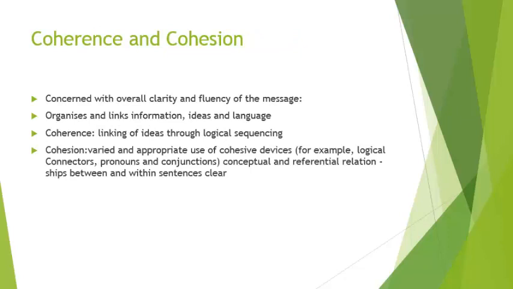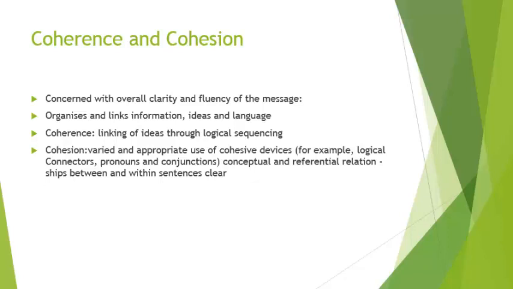So let's take a look at the criteria of coherence and cohesion. Basically, this criterion is concerned with the overall clarity and fluency of the message. So how the response organizes and links information, ideas, and language. The coherence refers to the linking of ideas through logical sequencing. So, does it make sense? The cohesion refers to the varied and appropriate use of cohesive devices.